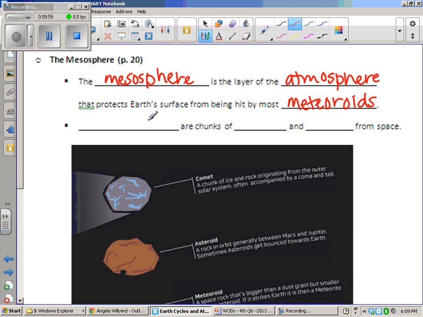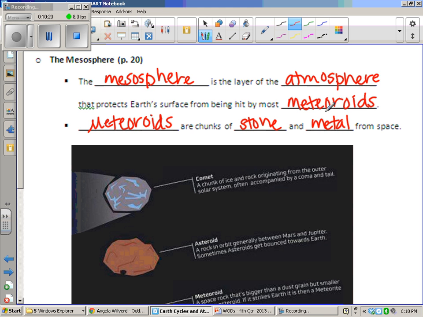And meteoroids are chunks of stone and metal from space. Okay, so those are chunks of stone and metal from space.